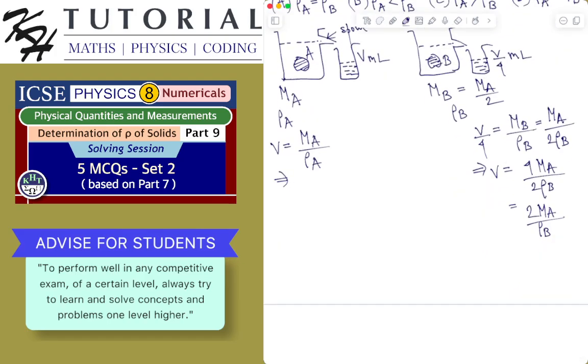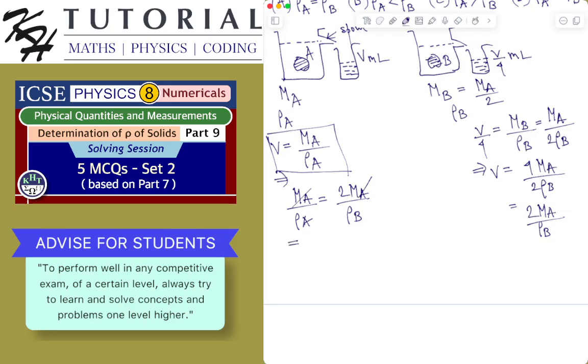So now we can equate. We got V is equal to MA by rho A. Also we got V is equal to twice MA by rho B. So we can equate the two values of V, and we can say that MA by rho A should be equal to twice MA by rho B. From here we can cancel out MA from both sides, since MA is a non-zero, positive quantity.